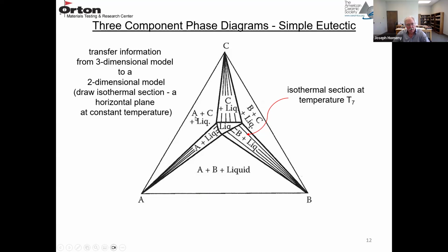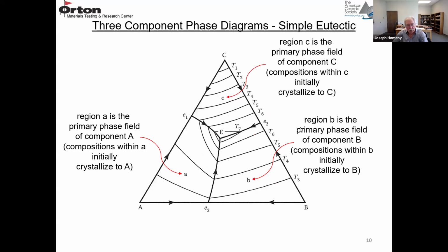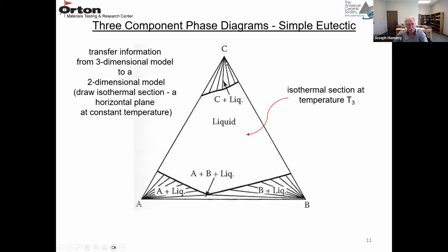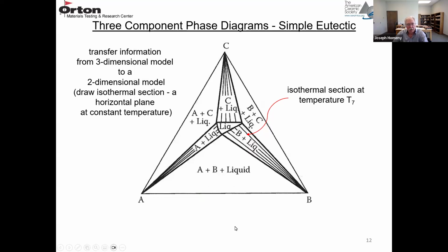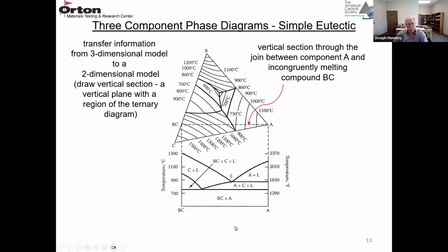And then we have these other regions, A plus C plus liquid, B plus C plus liquid, and then A plus B plus liquid. So this is the most common presentation, looking at a liquid surface. And in some cases, if somebody does all the work to get the phases present at these different isotherms, you'll see cuts like this as we decrease the temperature.